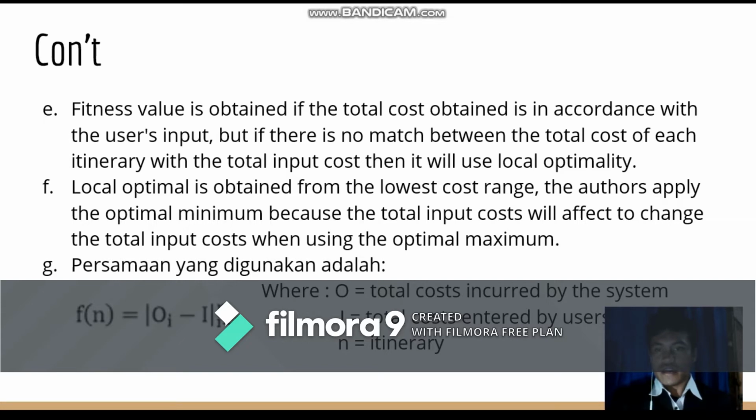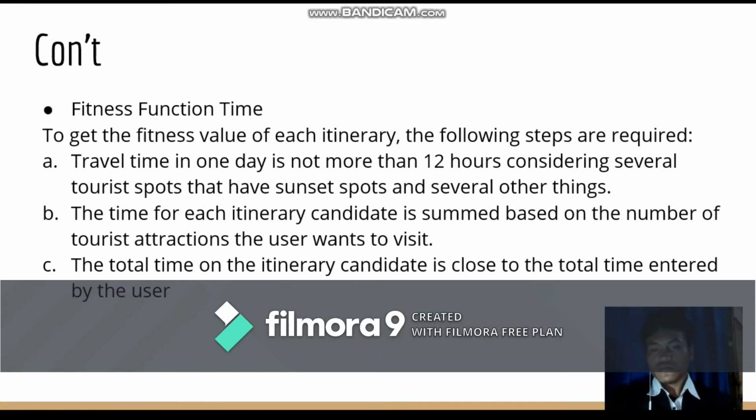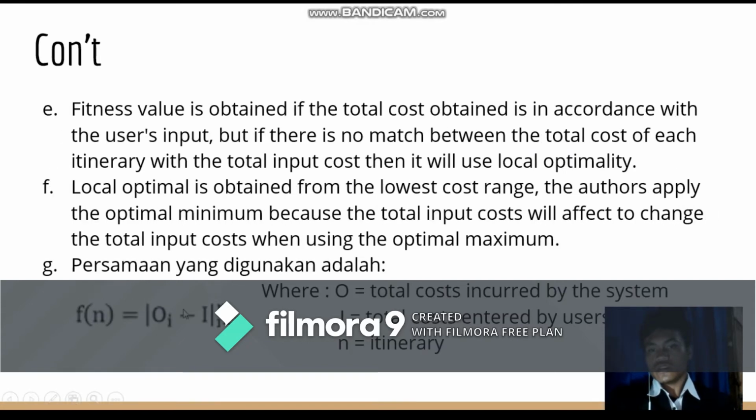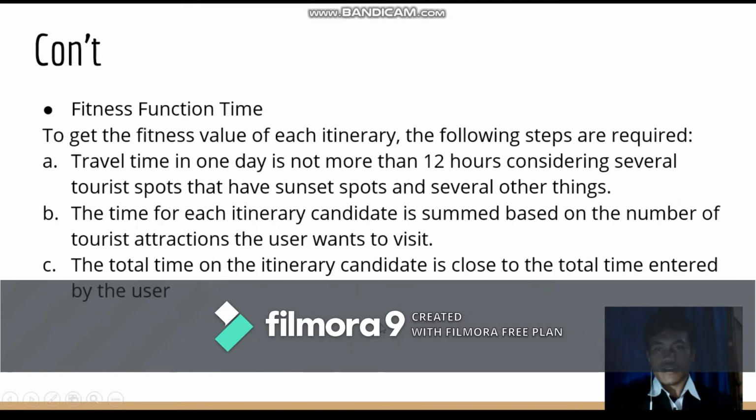The authors apply the optimum minimum because the total input cost would change when using the optimal maximum. So this is our equation, where O is the total cost incurred by the system, total EI is the total cost entered by the user, and I is the itinerary.